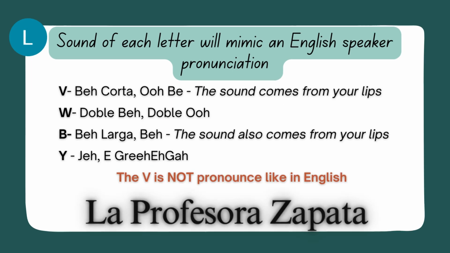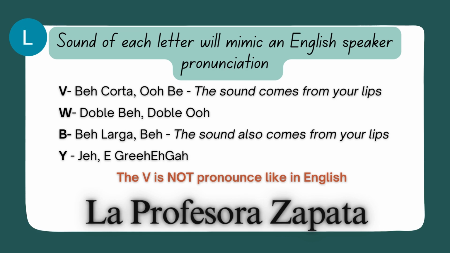These letters, depending on where you've studied Spanish or who you speak to in the Spanish-speaking world, may be named differently. The V, you can say B corta or UB. Remember, the sound comes from your lips.